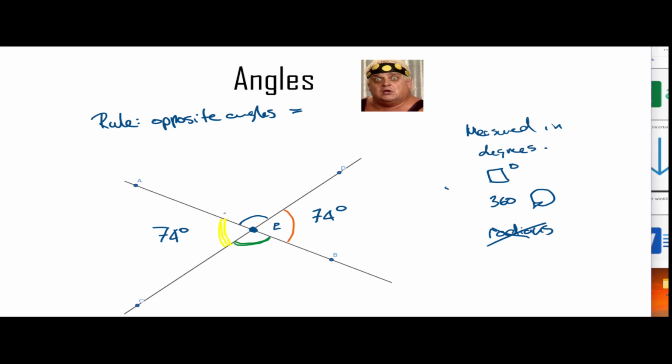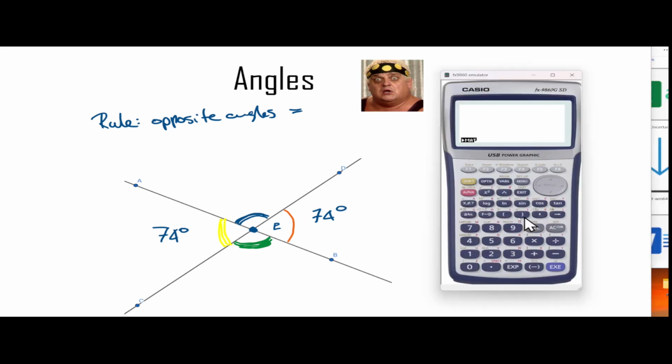So we know two other things. We know that all the way around it's 360 degrees. We know that this angle, the blue angle here, and the green angle here are opposite, so they must be equal as well. So what is left? Well, let's grab the calculator. We know it's 360 degrees all the way around.